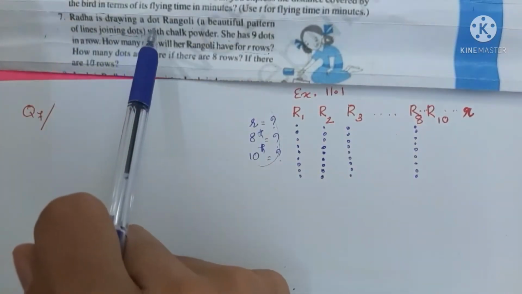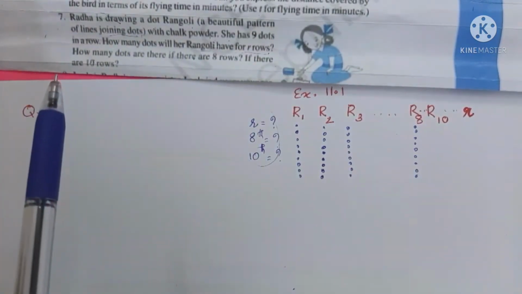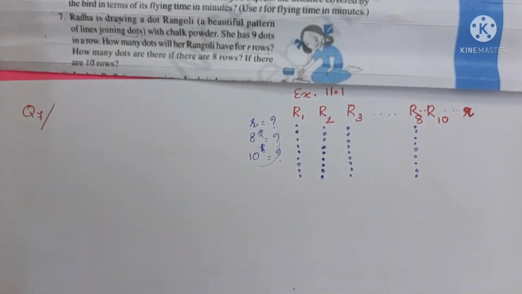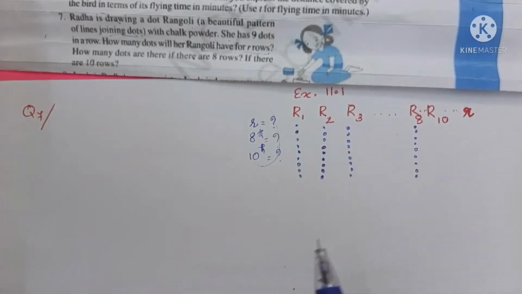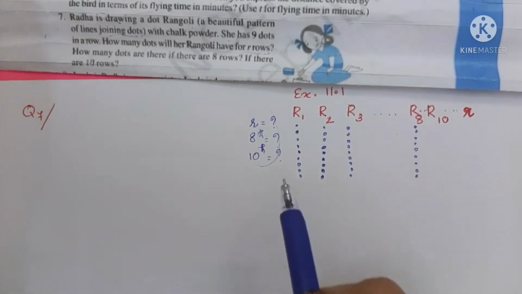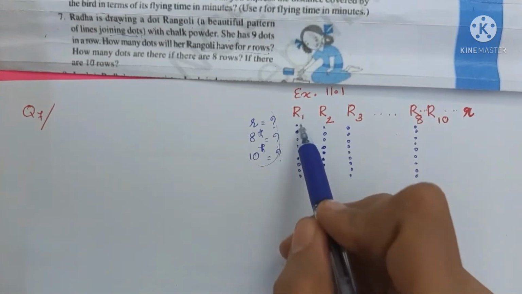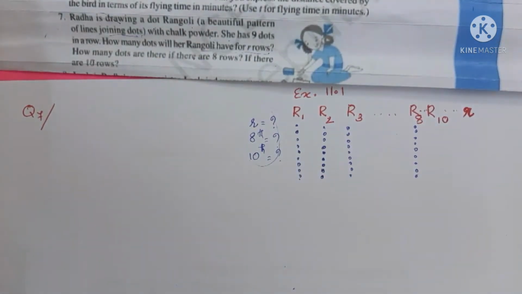Radha is drawing a dot rangoli. Okay. She made a dot rangoli with chalk powder. It has rows, right? Rows with the dots for making the rangoli. In each row, she made 9 dots. Okay.